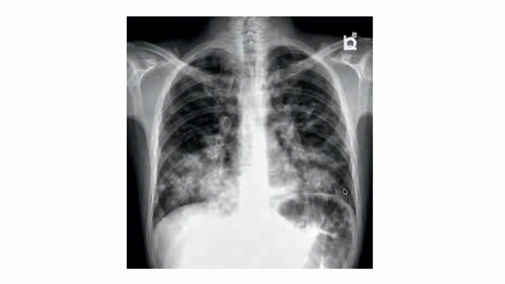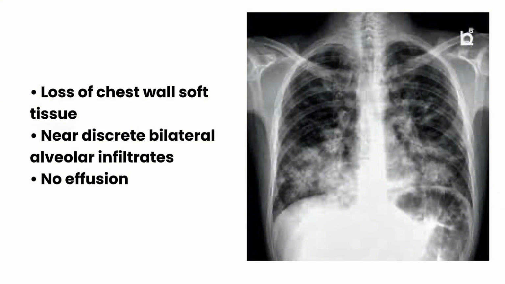Then when you come to put down those important aspects of these radiographs, that's when you say there is loss of the chest wall soft tissues. Of course, we see that there is a bit of thinning. And then, here also we see near discrete bilateral alveolar infiltrates. These are almost near to discrete. They are not exactly as fluffy as we want them to be, because once you say they are fluffy, then you have a connotation of acuteness.